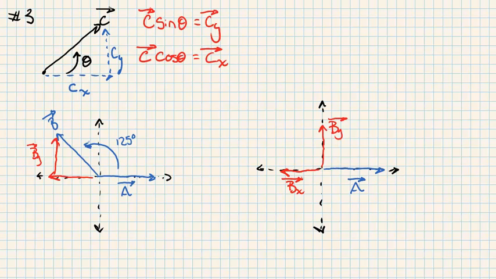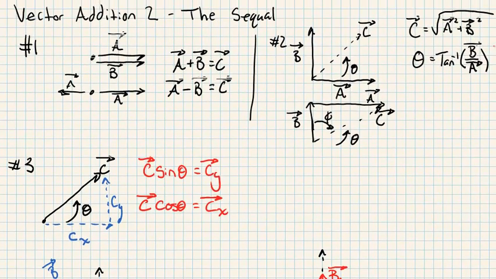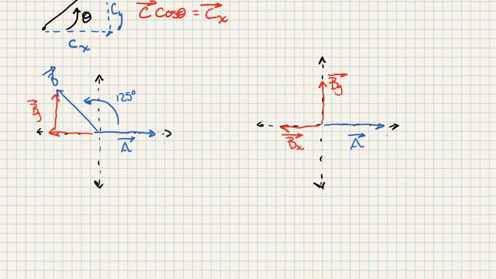Now what we've gone and done is we have vectors in line, Bx and A, and we have vectors at a right angle. So now we can use our first two rules to very simply solve this problem. So let's go ahead and add some numbers. Let's say that vector B is 70 units, and vector A is 100 units.